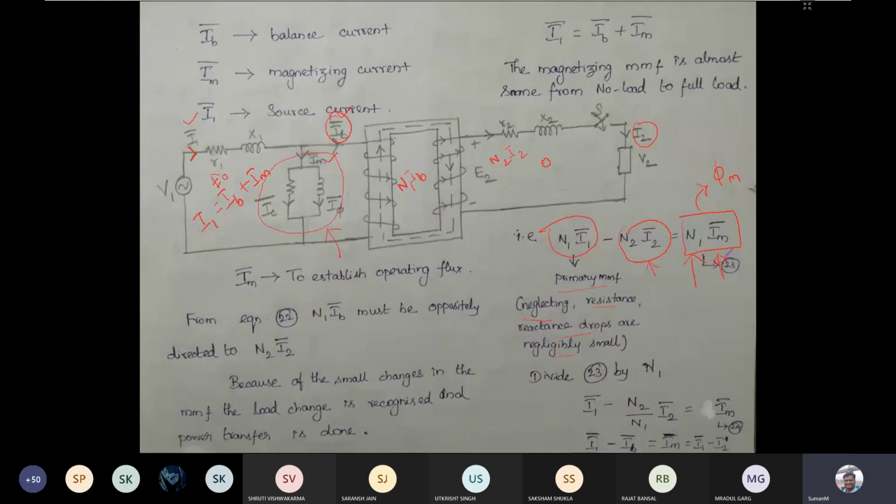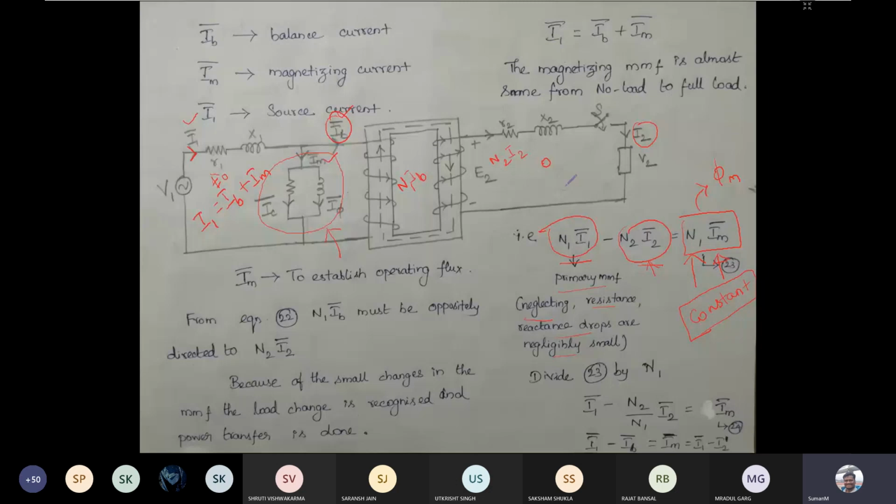We call this magnetization MMF almost constant from no load to full load. So the primary MMF minus secondary MMF will be equal to the magnetization MMF, and that magnetization MMF will be constant throughout.